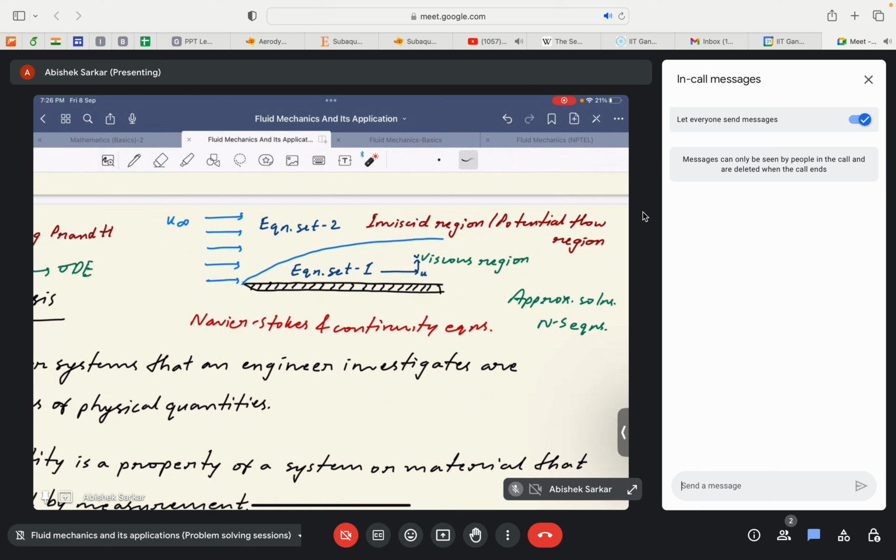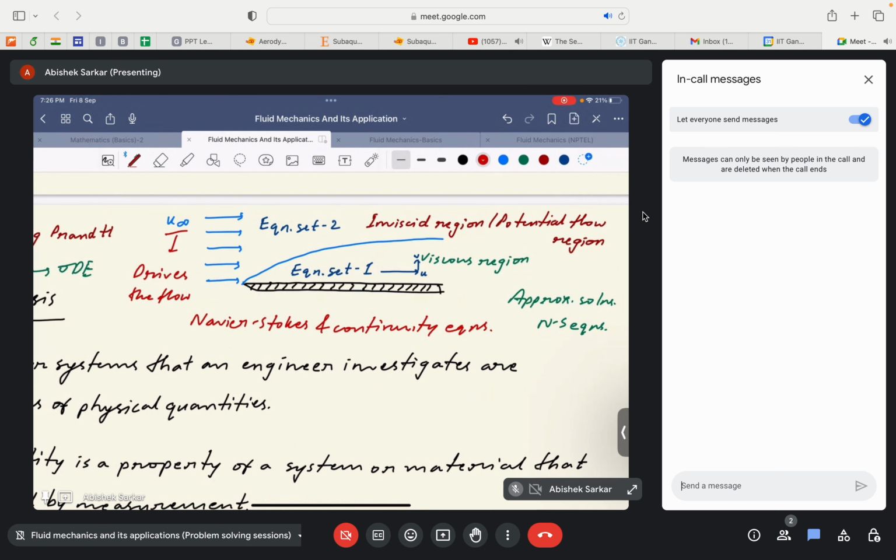Because it is u infinity that drives the flow. That's a different concept that I guess we briefly discussed in Couette flow, like how the movement of the upper plate drives the flow. So the inertia contained in the form of u infinity drives the flow, and that's why we take the characteristic velocity as u infinity.